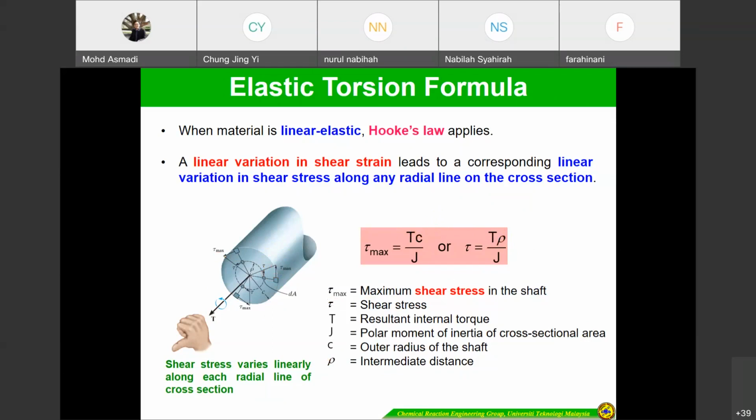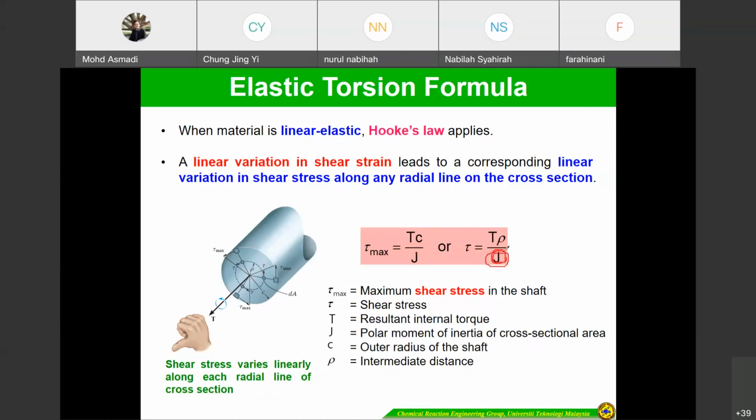So if I still remember the equation, for the solid shaft, how do we determine J?